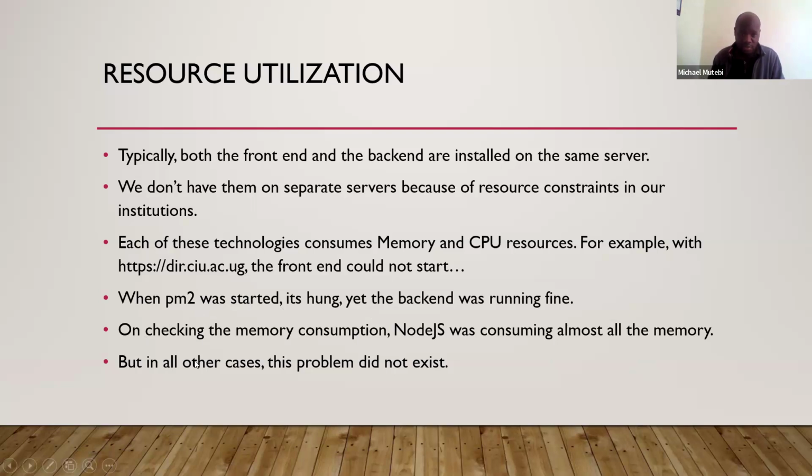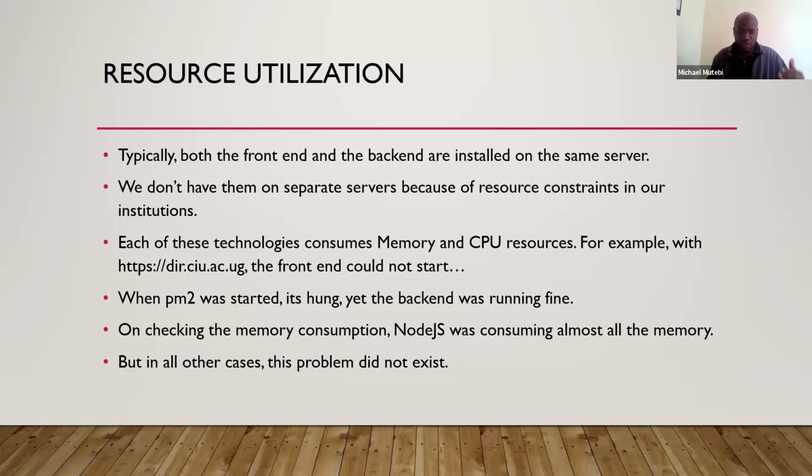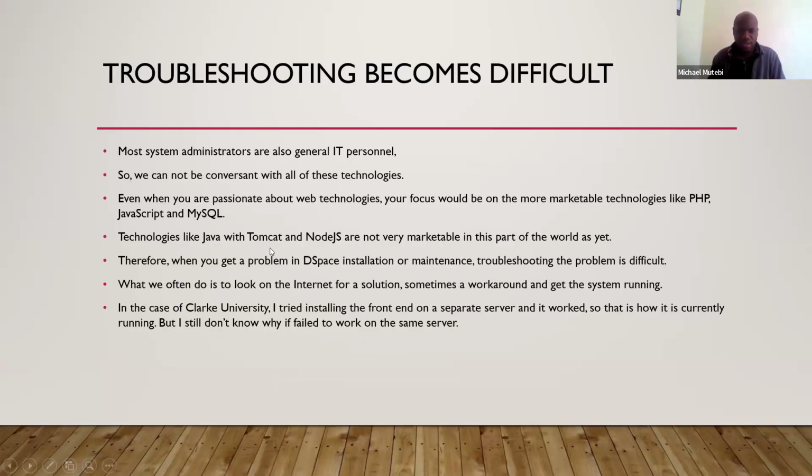And on checking, I saw that the memory was being consumed by the front end, Node.js. It was consuming almost all the memory on the computer. But then the other installations I did for the other universities, they all worked fine on the same machine. So that's one issue with all those technologies, resource utilization on the same machine. It's something I found challenging.